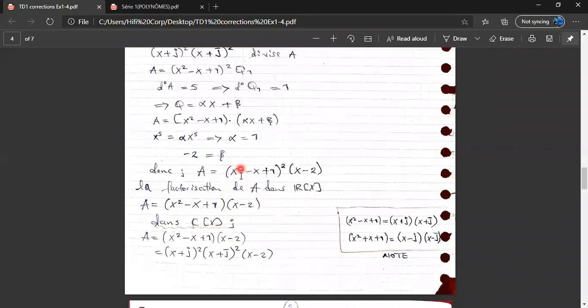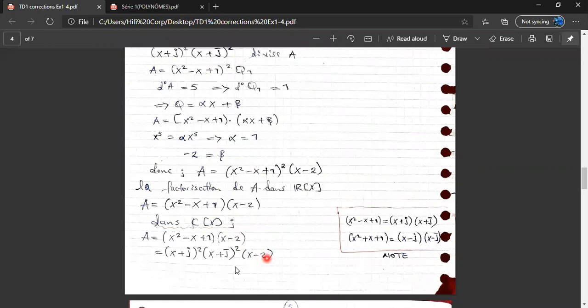It's not decomposed in C, but it has an identity. Its identity in complex is x plus j bar. So you just come and replace this whole form with your j. Here it is supposed to be squared, please. You just come and replace it with this identity, squared, times (x minus 2).